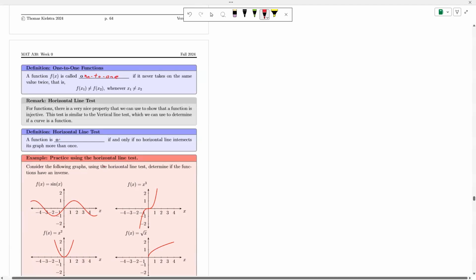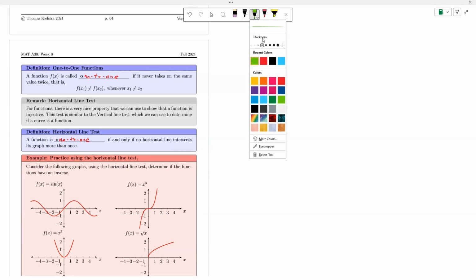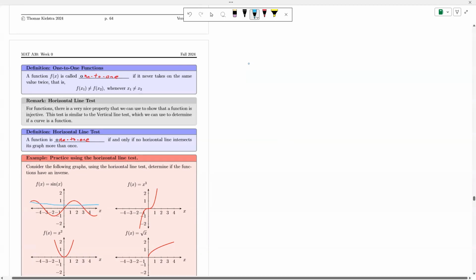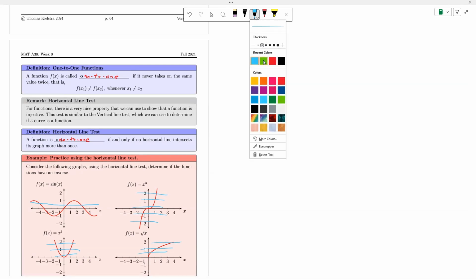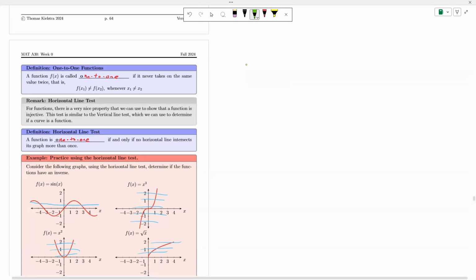A function is one-to-one if and only if no horizontal line intersects the graph more than once. So if we look at these different graphs, here we touch 1, 2, 3.